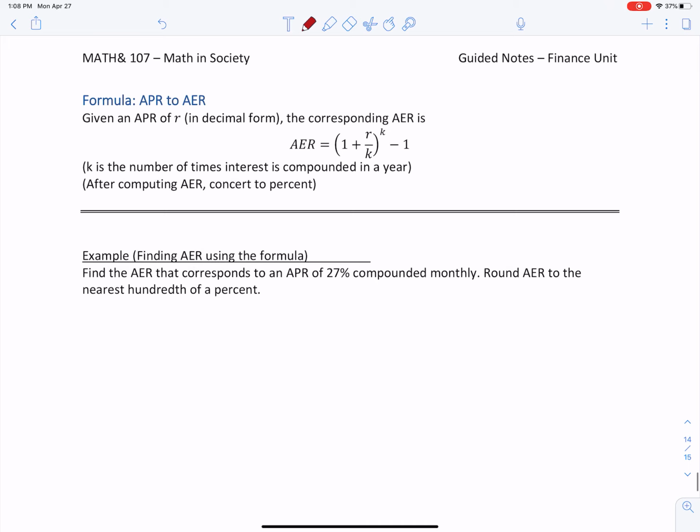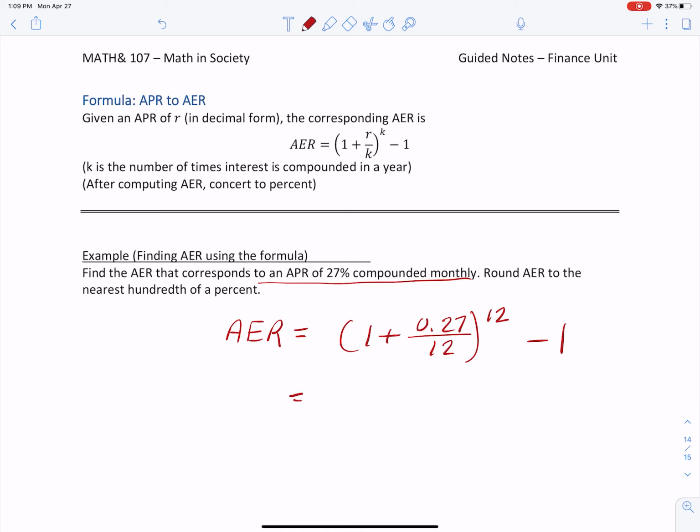Let's look at another example here. So let's say we have a credit card that charges 27% and that APR is compounded monthly. So according to our new nifty formula, we have that.